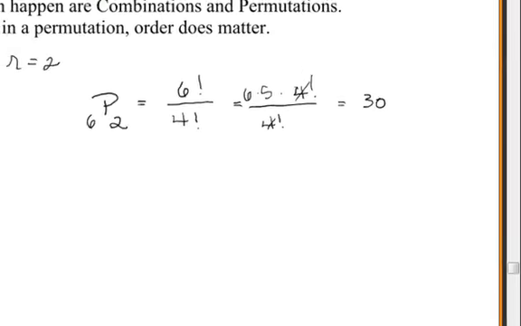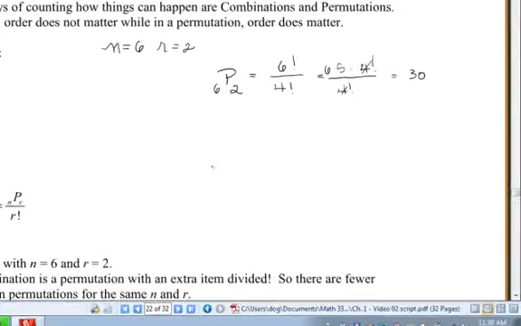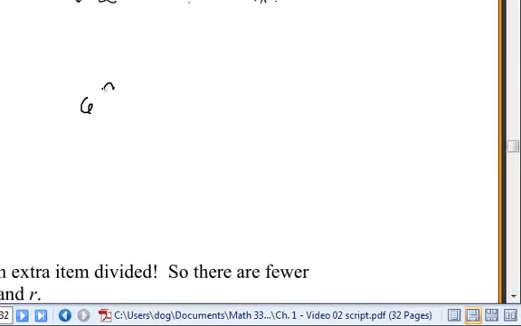Now the combination of n things taken r at a time has an additional divisor down here, r factorial. So it's nPr divided by r factorial. So let's look at that. 6 things taken 2 at a time for a combination. That's going to be 6 factorial over 2 factorial, 4 factorial.